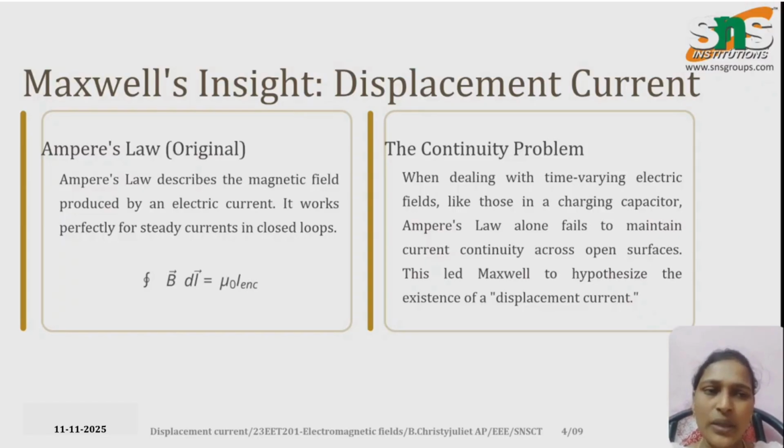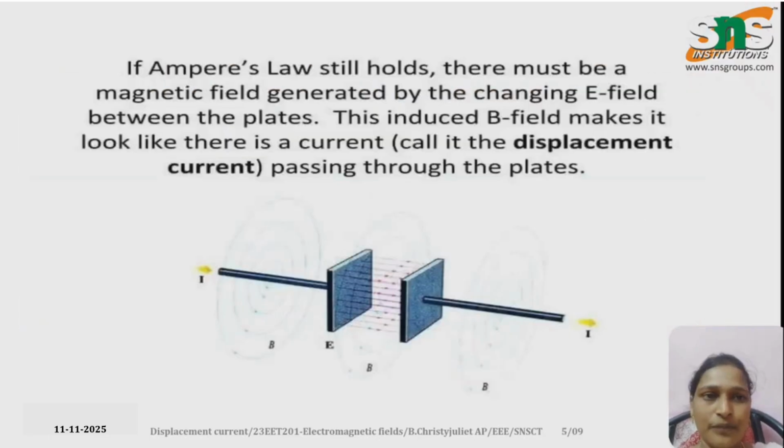But when dealing with time-varying electric fields like those in charging capacitors, Ampere's law alone fails to maintain the current continuity across the open surface, because there is an open small gap in the capacitor, right? This led Maxwell to find the existence of displacement current. If Ampere's law still holds good, then there must be a magnetic field generated by the changing electric field between the plates, right? So that induced magnetic field makes it look like there is a current.